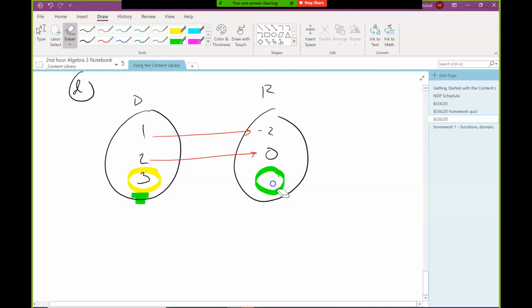In fact, if we deleted the 5, still not a function, right? But if we deleted the 3 and left the 5 there, that is still a function. So this is not a function. So we only care about what's going on in the domain. Is everybody okay with that idea?